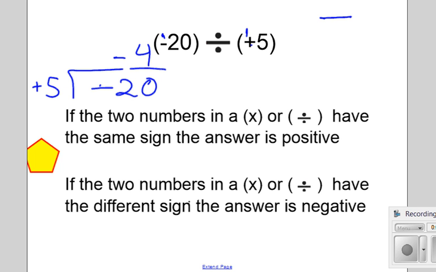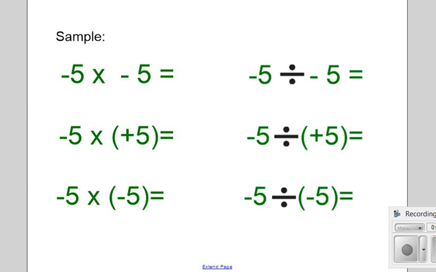Once we learn these rules, you can get something like this, and I can throw these up at the board and say, you don't need to show your work. Do this mentally. Think about the rules and do this mentally, and you'll be successful.